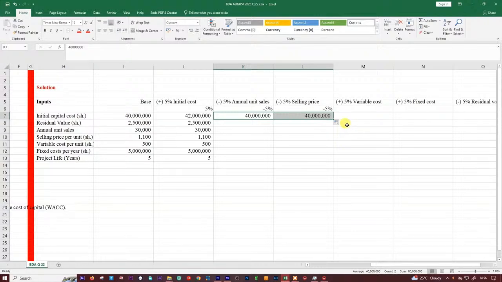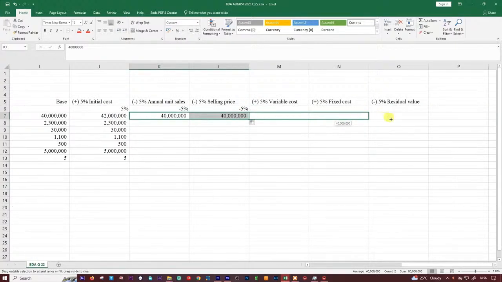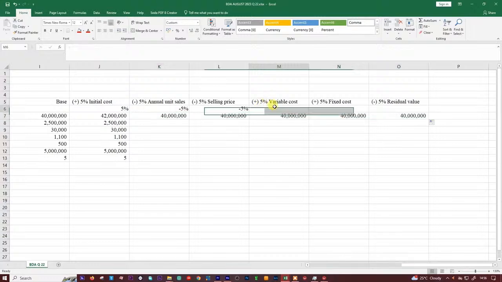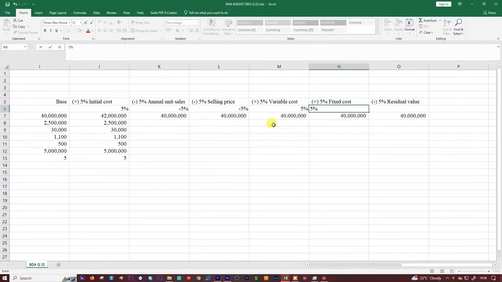The variable cost itself also remains the same, including the residual value. But here we will need to put 5% for variable cost, then negative 5%.